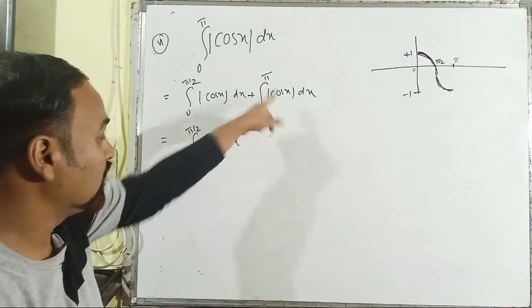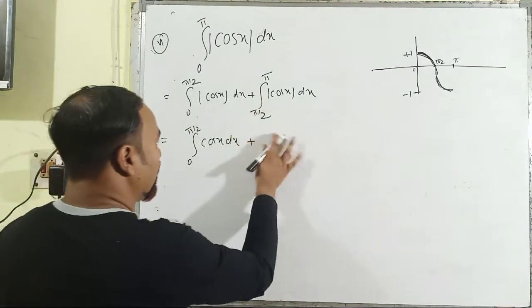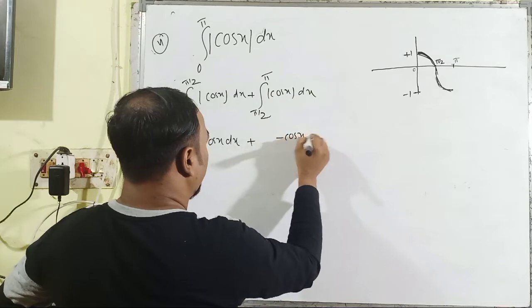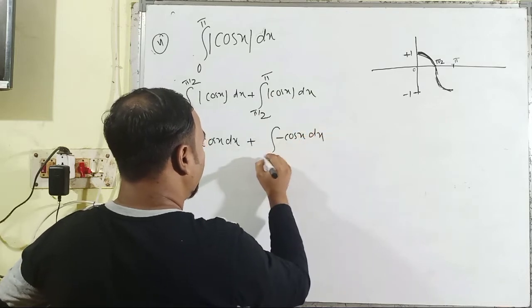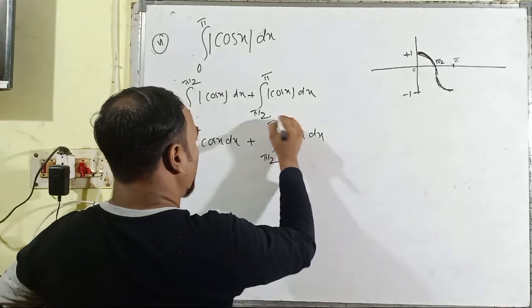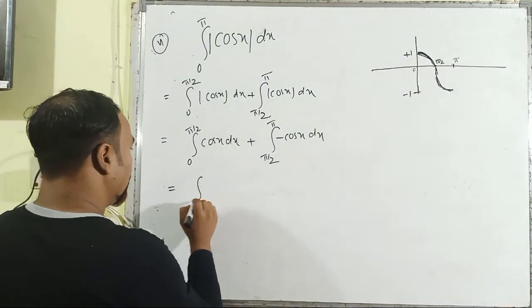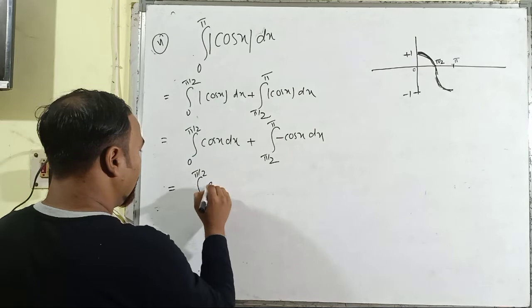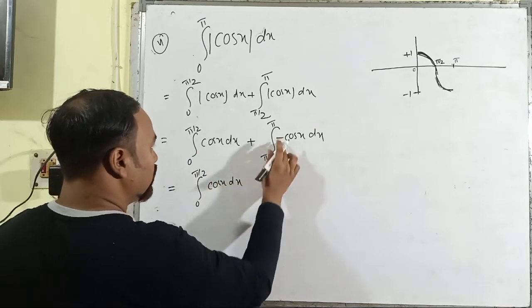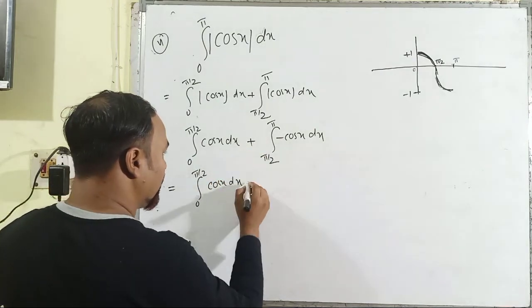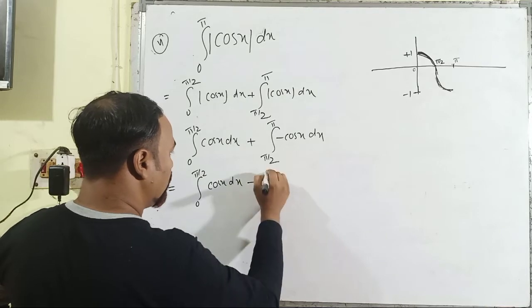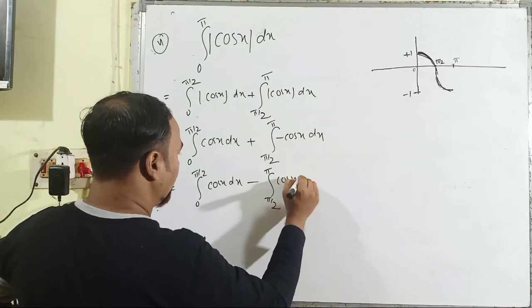But in the second, we get minus cos x in place of modulus of cos x. Then simplifying, taking this minus sign outside, it will be pi by 2 to pi cos x dx.